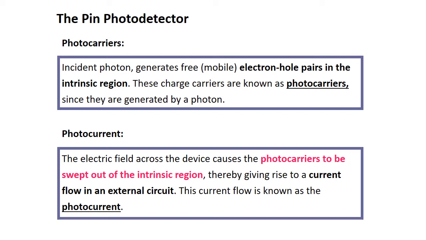Photocurrent means the electric field across the device causes the photocarriers to be swept out of the intrinsic region, thereby giving rise to current flow in an external circuit. This current flow is known as the photocurrent. These are the explanations of photocarriers and photocurrent.